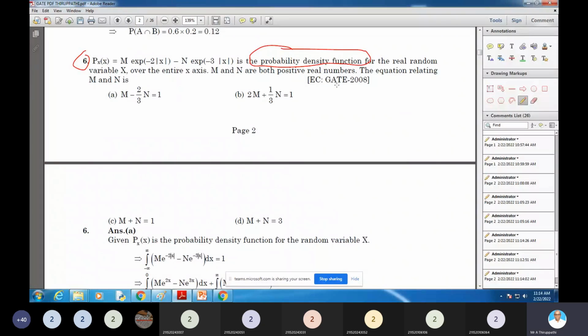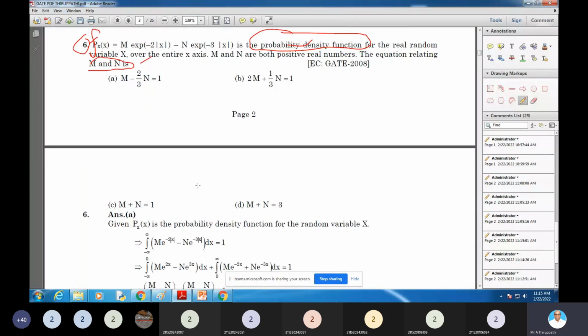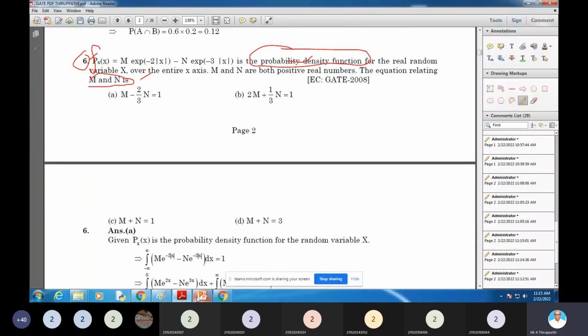Probability mass function means discrete random variable. Here it is clearly given as a density function. Density function is generally denoted by f of x, but here it is given as p of x, no problem. The statement says density function for the real random variable x over the entire x axis. m and n are both positive real numbers, then what is the relation between m and n?